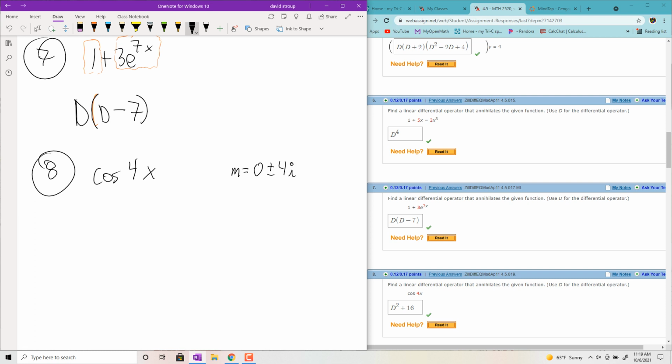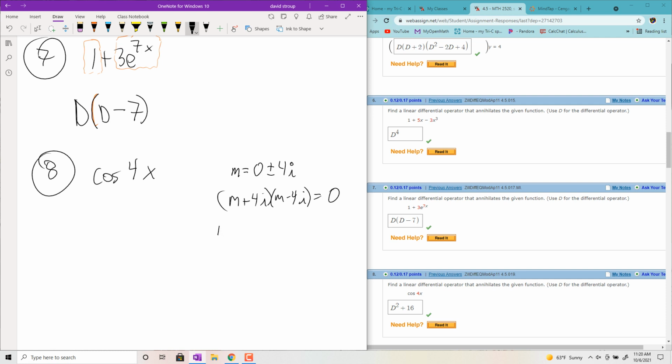So, back engineering the characteristic equation, it must have been m plus 4i times m minus 4i equals 0. And then you can multiply it all out.